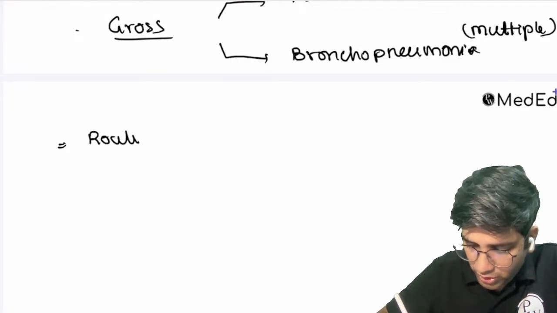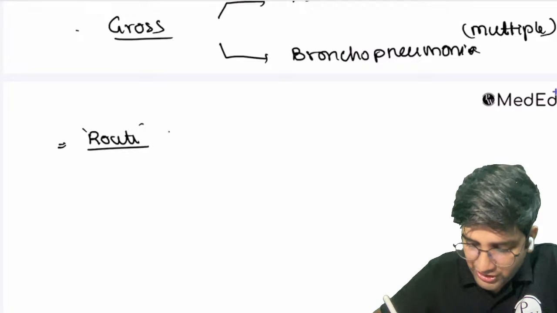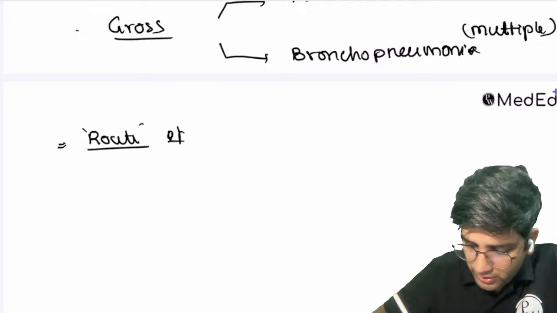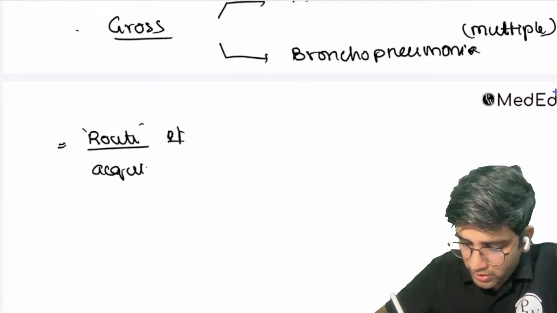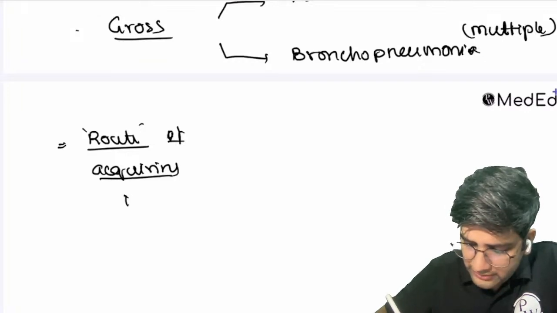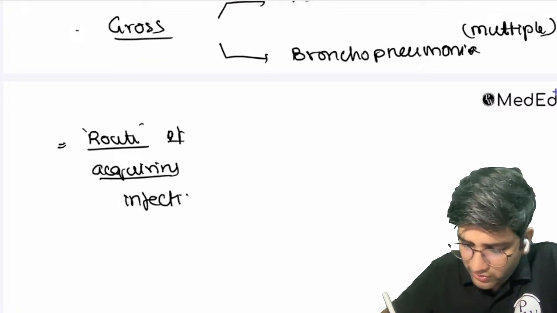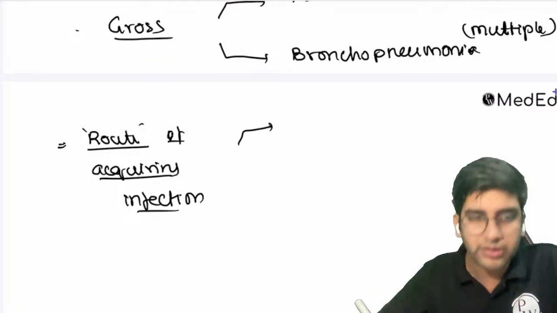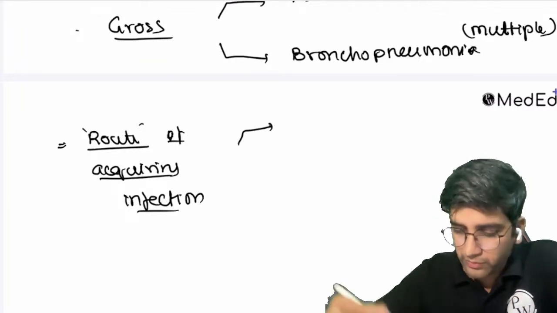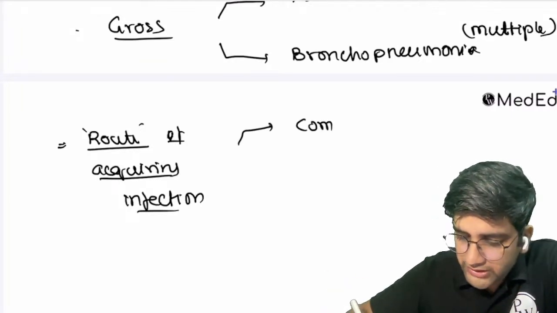Third is the route of transmission, or the route by which the infection is acquired. Okay? So for the place by which infection is acquired, we give a term. One, this is the latest classification being commonly used, we use the term community acquired pneumonia.